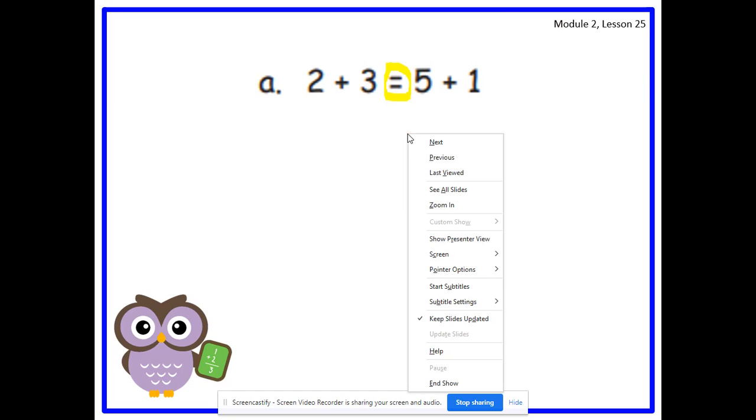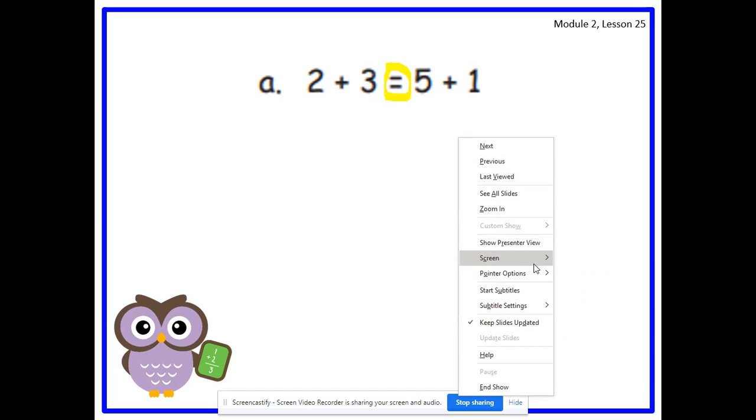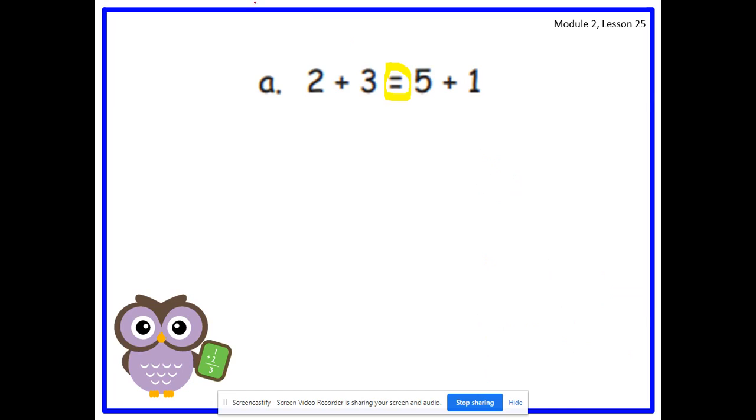Well, let's check. Sorry, I got the laser instead of the pen. So, in order for us to know if this is a true number sentence, we must solve first. So you should have solved. What's 2 plus 3? Get ready. Yes, 5. And what's 5 plus 1? Get ready. 6.